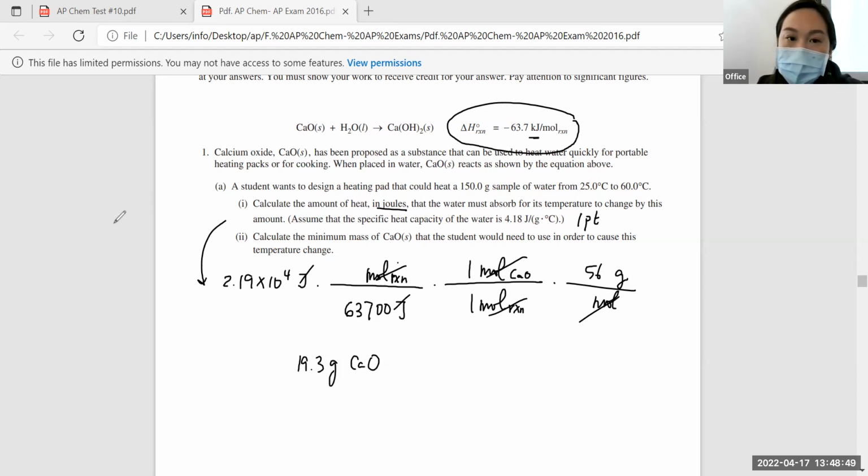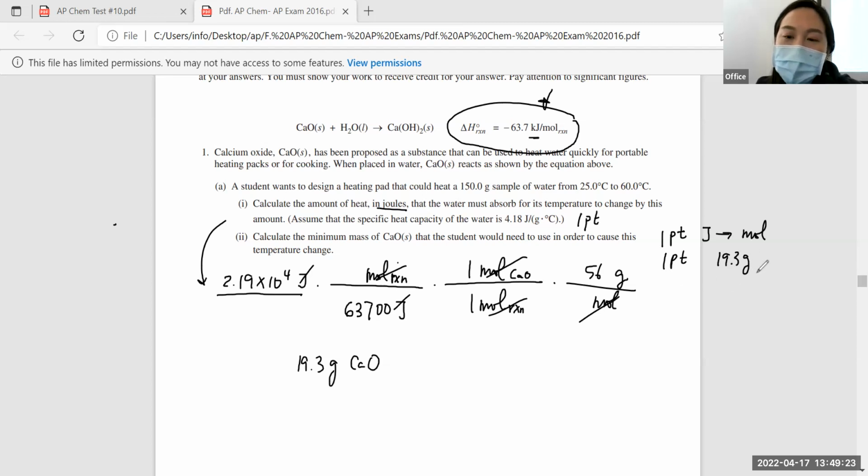So this is 2 points. 1 point for going from joules to moles. If you started with this value and you use this value to go from joules to moles, that's 1 point, and 1 point for the answer of 19.3 grams.